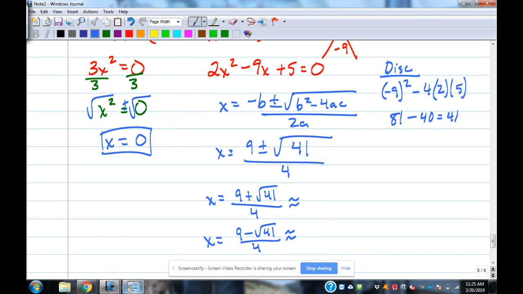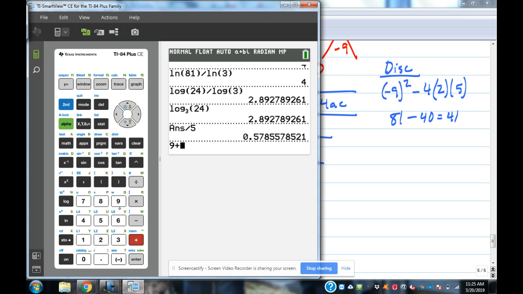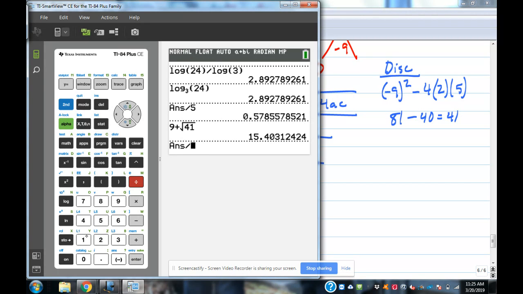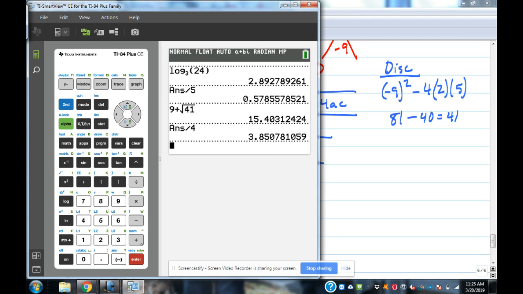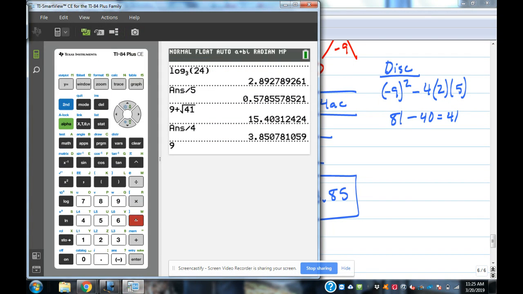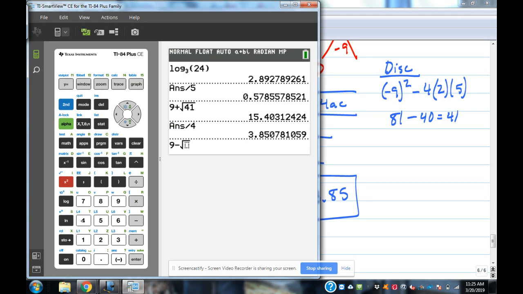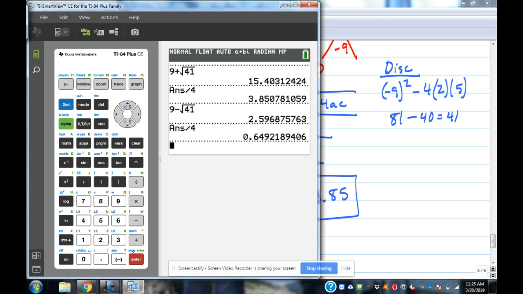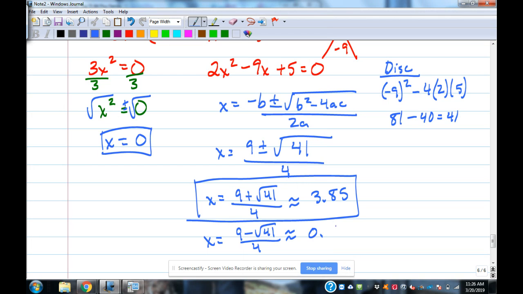So 9 plus the square root of 41, not 40, 41, then divided by 4, 3.85, just going 2 decimal places there, and then 9 minus the square root of 41, sorry, divided by 4, negative 0.65.